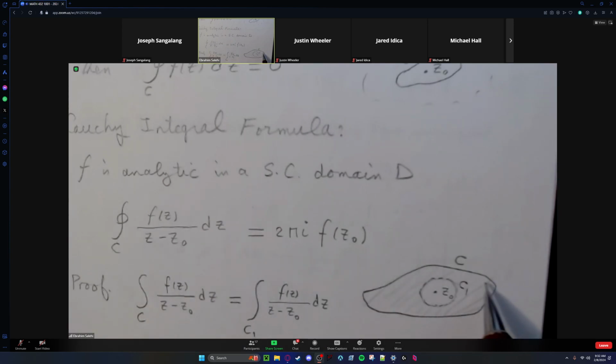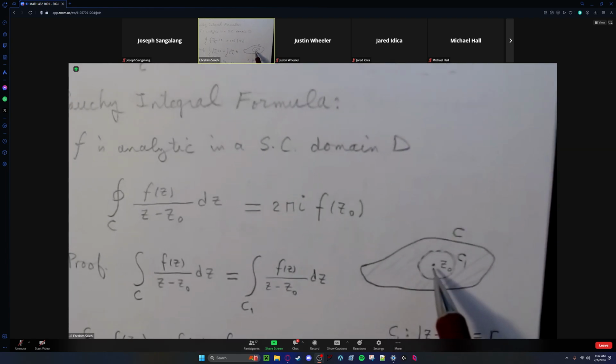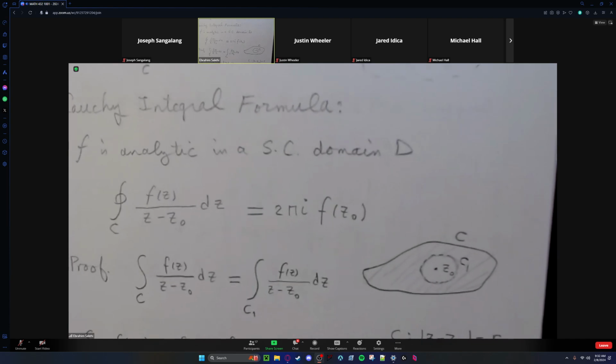And the curve that you are integrating, the bad point is inside. Okay, the bad point is inside. Well, it's very simple. There is a very beautiful proof for it, but I'm not going to go through the proof.